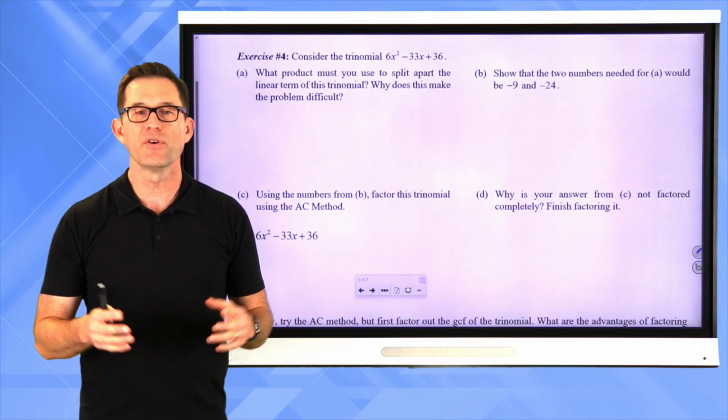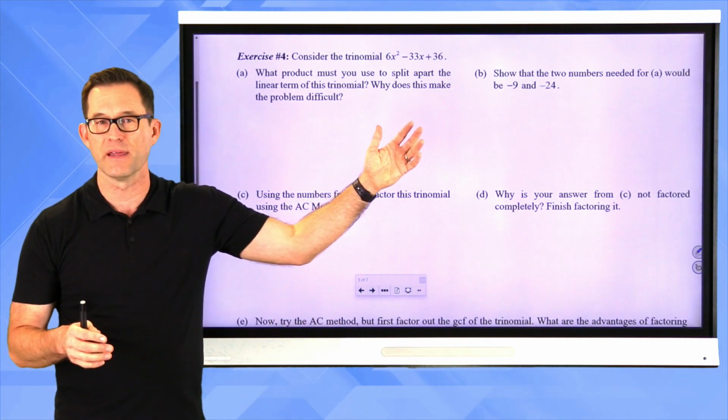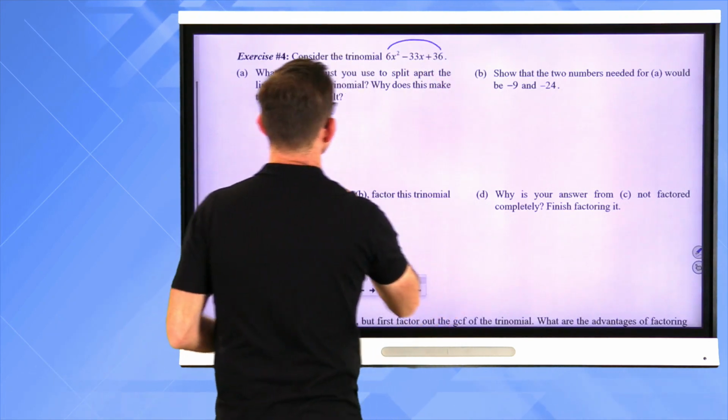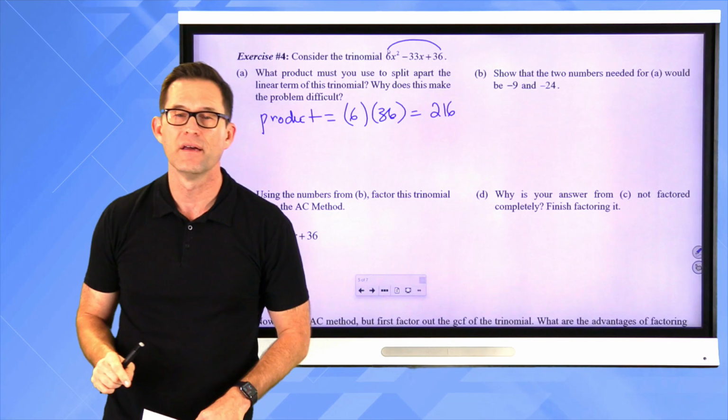All right, so if you're just going into this, and you're thinking, I need to factor this thing completely, the first thing that you would do is say, well, I've got a product equal to 6 times 36, and I don't know what that is off the top of my head. So I take my calculator out and I find that it's 216.